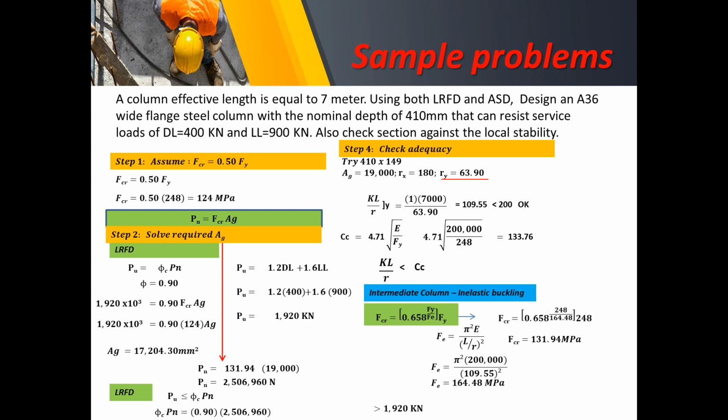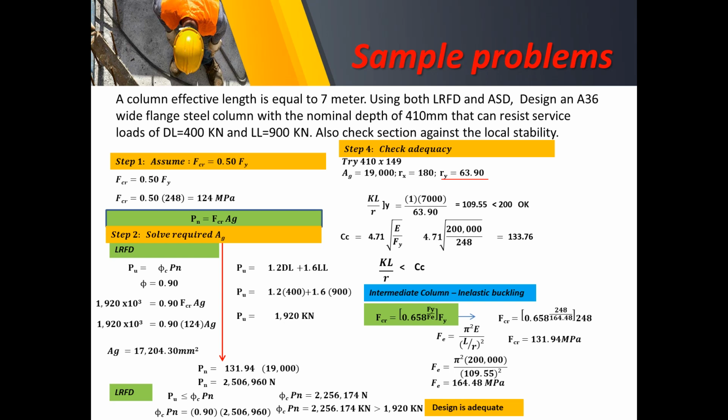Therefore, phi Pn is equal to 0.9 of 2,506,960. So this must be equal to 2,256,174 newtons, which is actually equal to 2,256.17 kilonewtons, which is greater than 1920 kilonewtons.